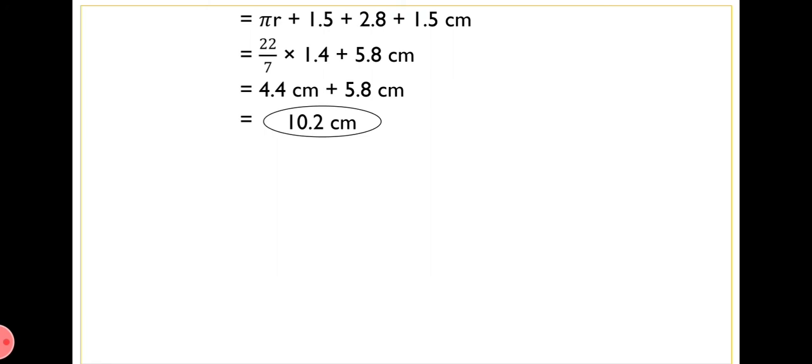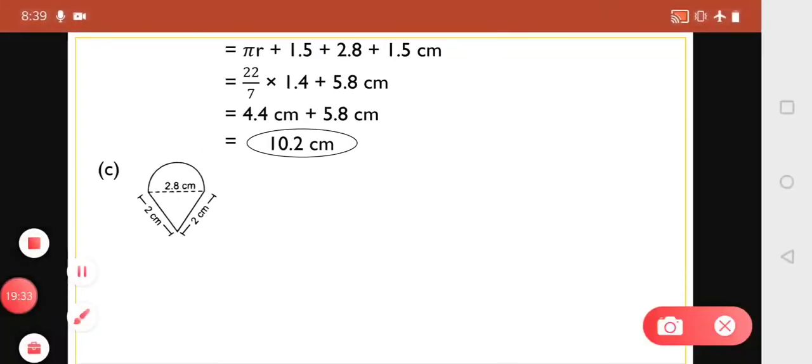Now figure C, which is somewhat in the shape of an ice cream cone. You can see it is made up of a semicircle along with a V shape, you can say a cone shape. Now to find the perimeter of this, we need only the perimeter of the semicircle, and we will add these two remaining sides whose measurement each is given as 2 centimeter.